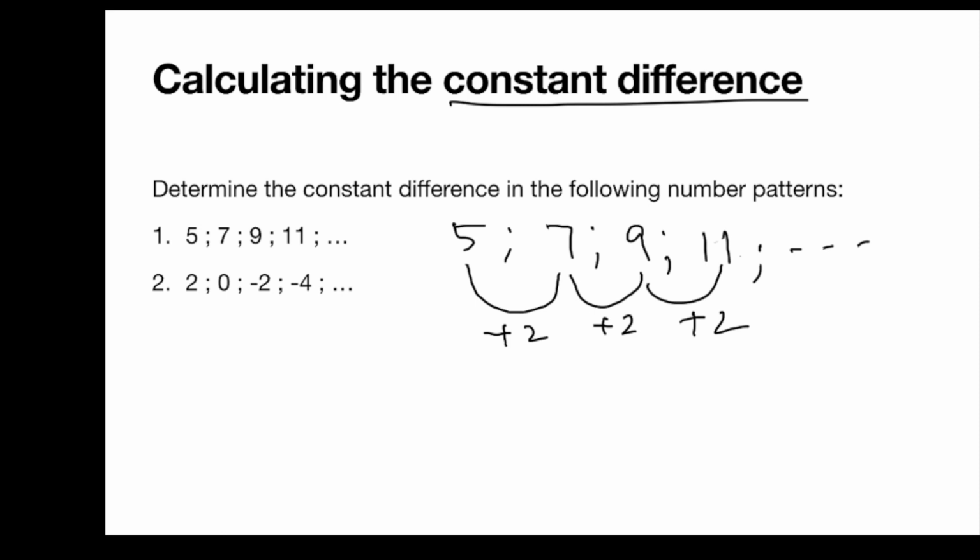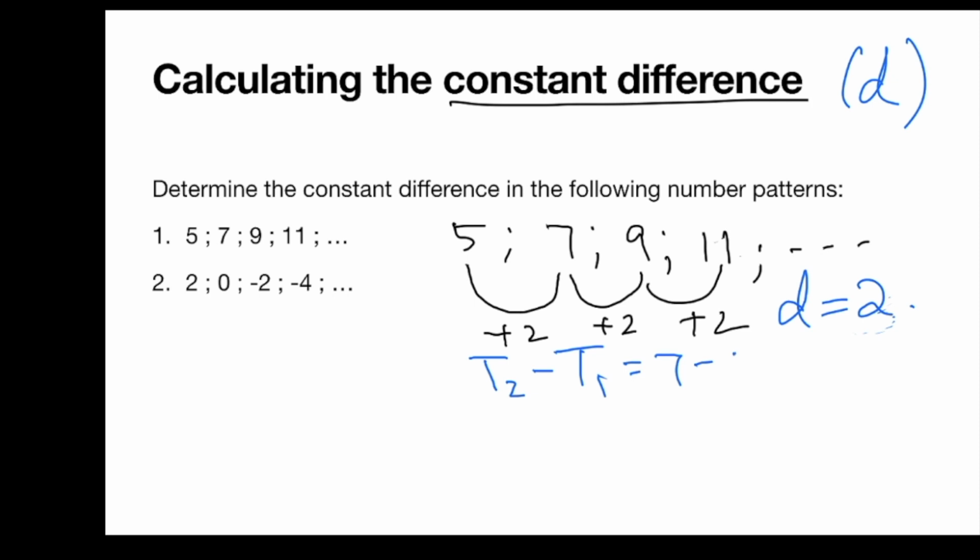And the constant difference is abbreviated by the letter D. So D means difference. In this case, the difference is equal to 2. That is our constant difference for the first one. But how do you get the 2? You will notice if you take the second term and you subtract the first term, that will give you 7 minus 5, which is equal to 2.